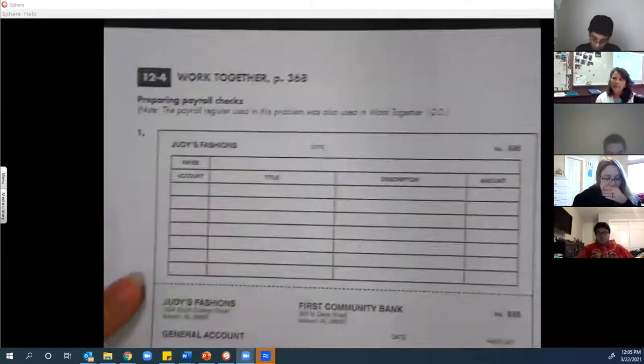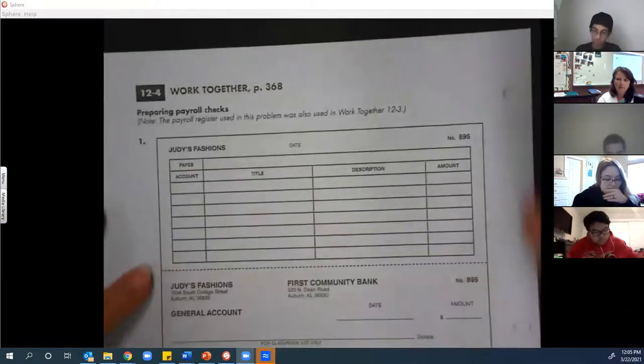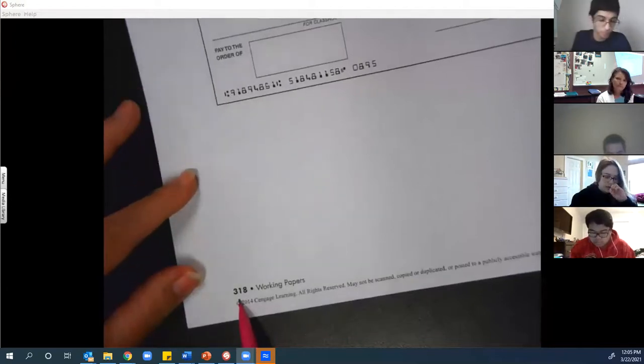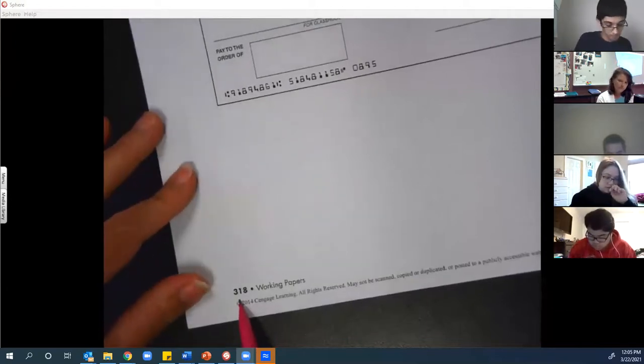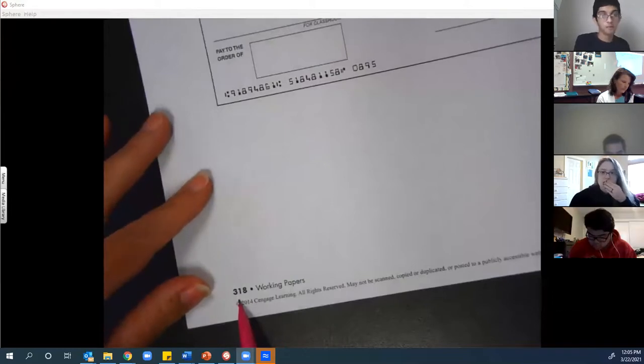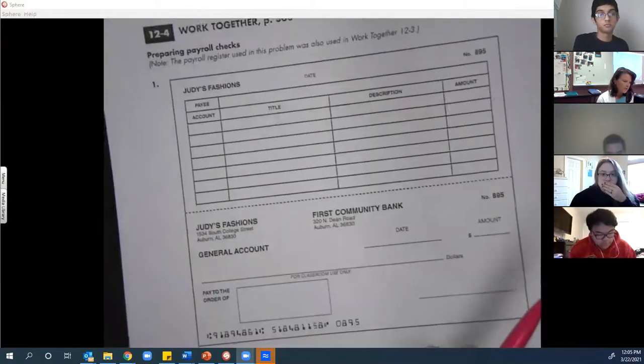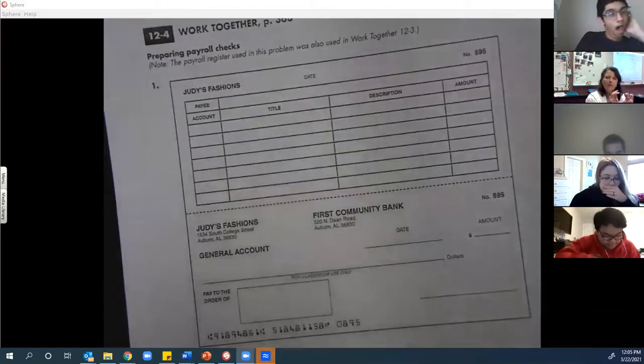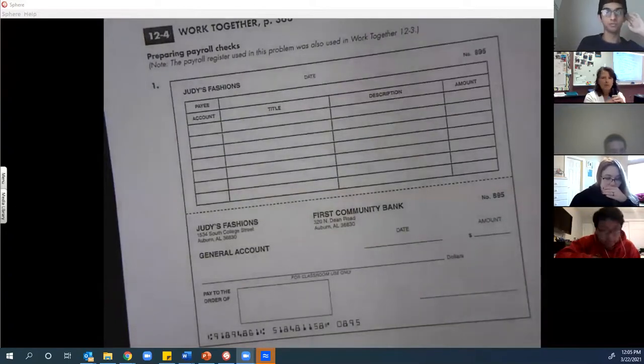So flip over to 12.4, and there's a couple of pages to 12.4. We want to look at page 318. Okay, so like I said before, when we're journalizing, we don't want to have an account in the chart of accounts for each individual person.